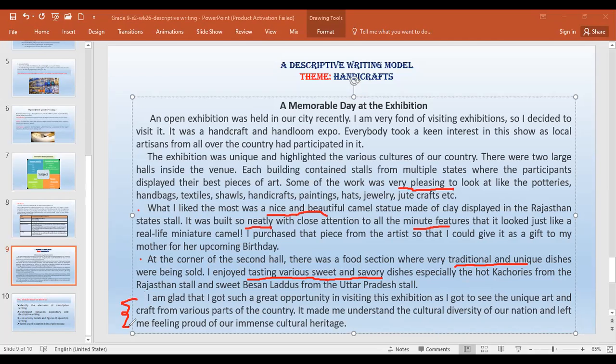Who can answer this? Okay, the author put feelings, impressions. Notice how the author said how proud he felt to visit this because it showed him the rich cultural heritage of his country. And this is what you should include in a conclusion.